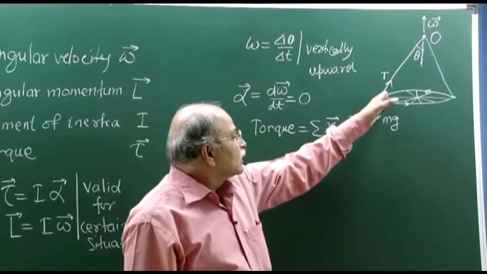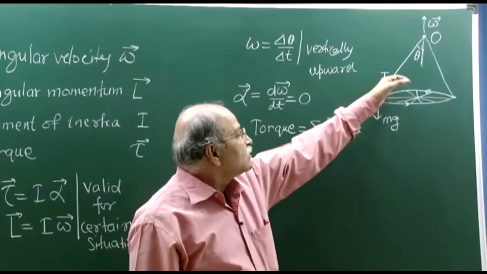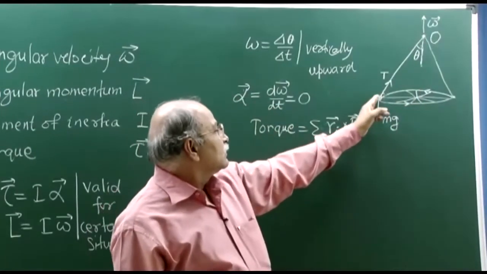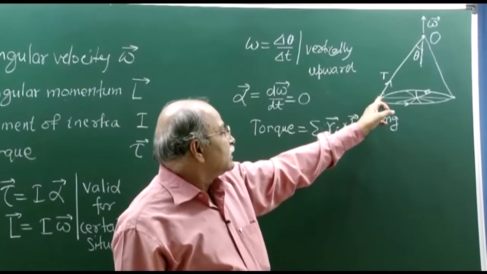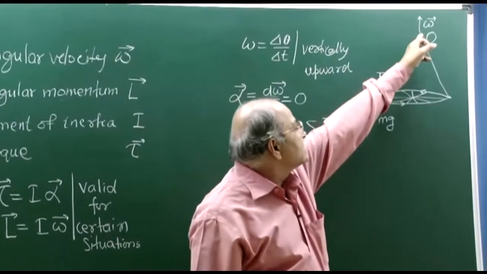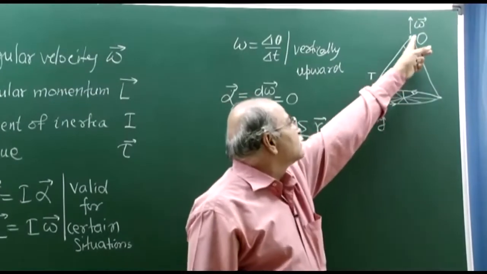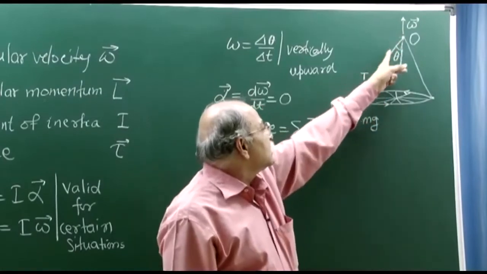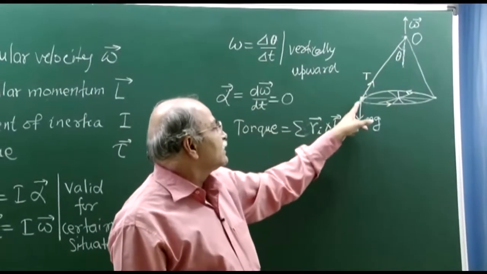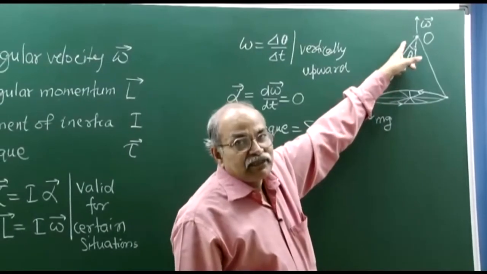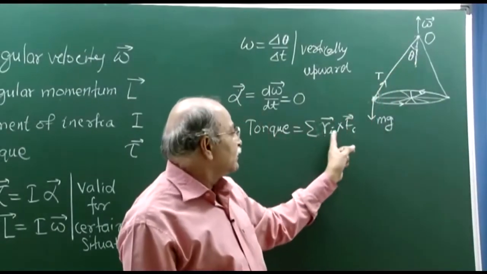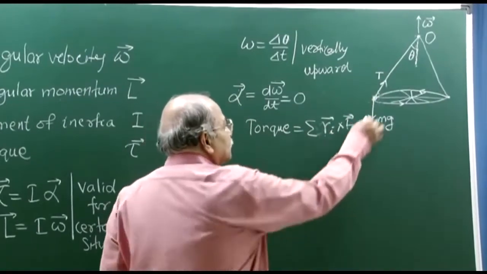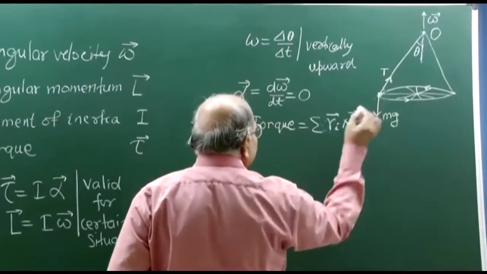The torque of this tension force about this origin should be 0, because the r vector is from the origin to the particle where the force is acting, and the force vector is also along this same thread. Therefore, they are parallel and the cross product will be 0.